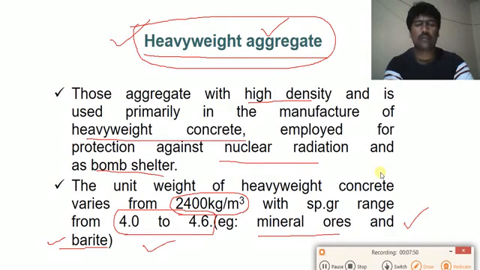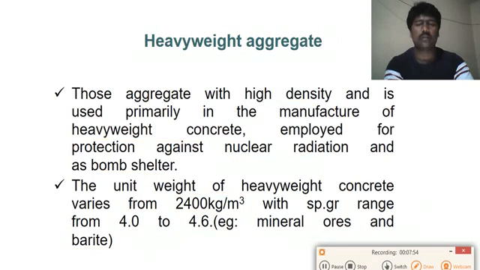So with this we have completed the heavyweight aggregates. If I briefly introduce again about the heavyweight aggregates, this is the one which is having the specific gravity between 4 to 4.6. For example, mineral ores and barites. And these aggregates are used in order to produce heavyweight concrete.